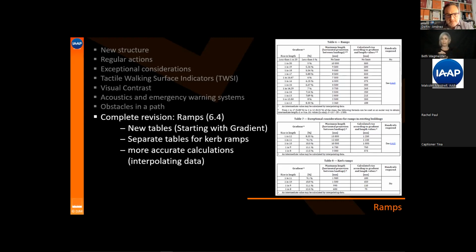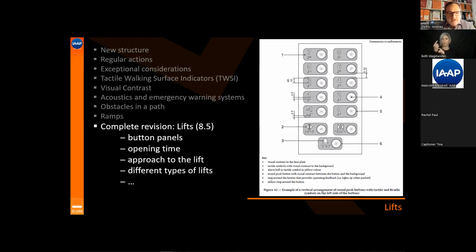More things, a complete revision for ramps and a complete revision for elevators in section 8.5. There are new considerations about button panels, about open time, very important, about the approach to the lift, not only the cabin, and the different types of lifts.